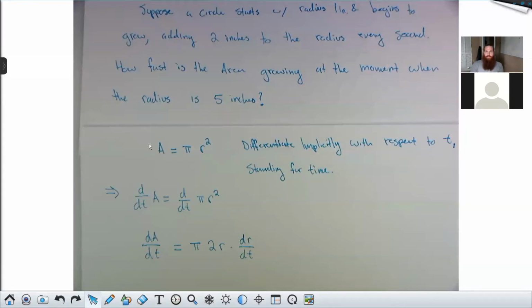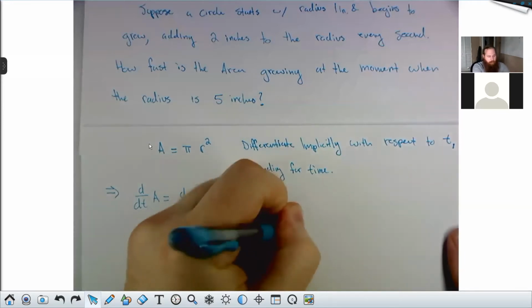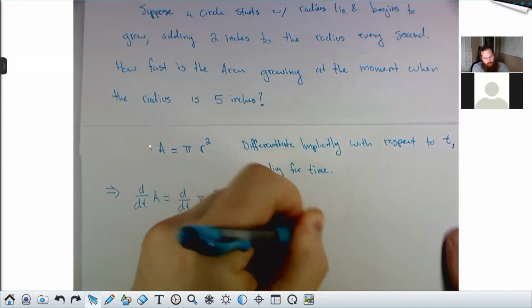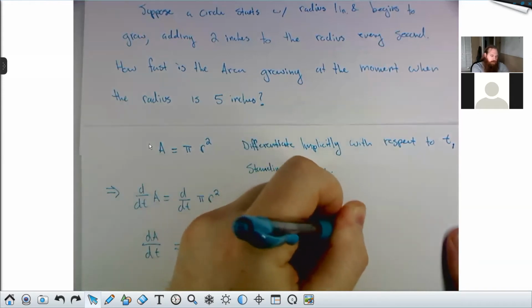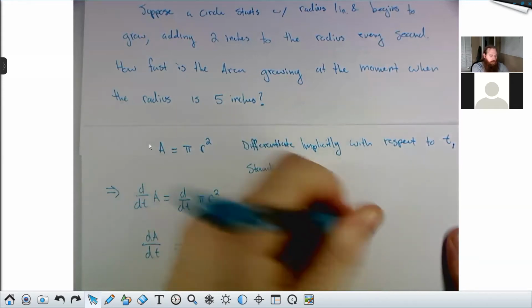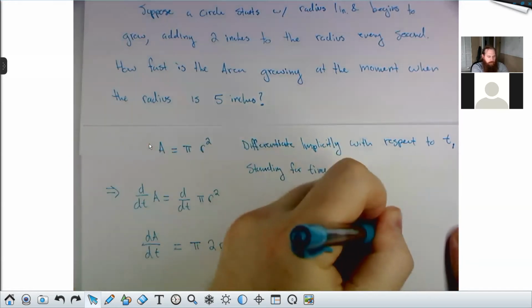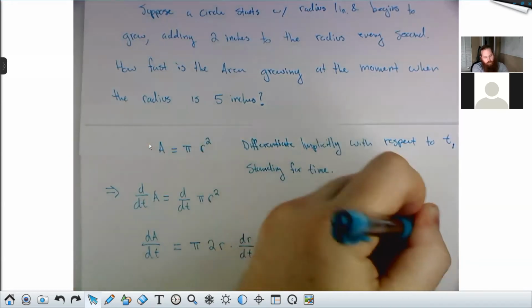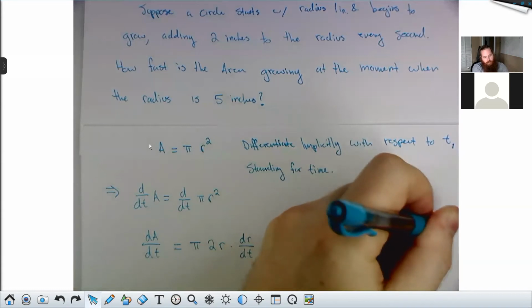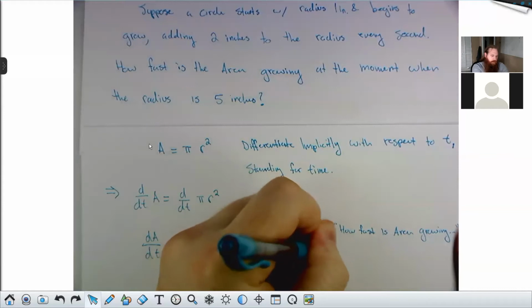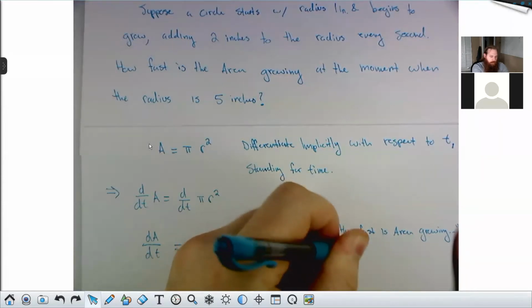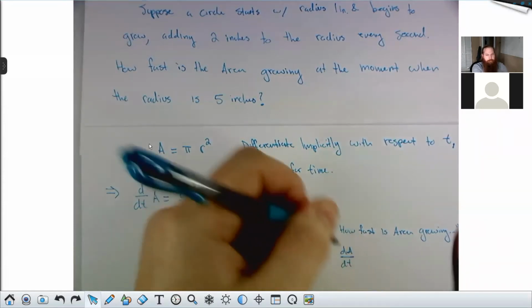So then at this stage, what we need to do is ask ourselves, what do I want? The question asked, how fast is the area growing? Right? In other words, I want dA dt.